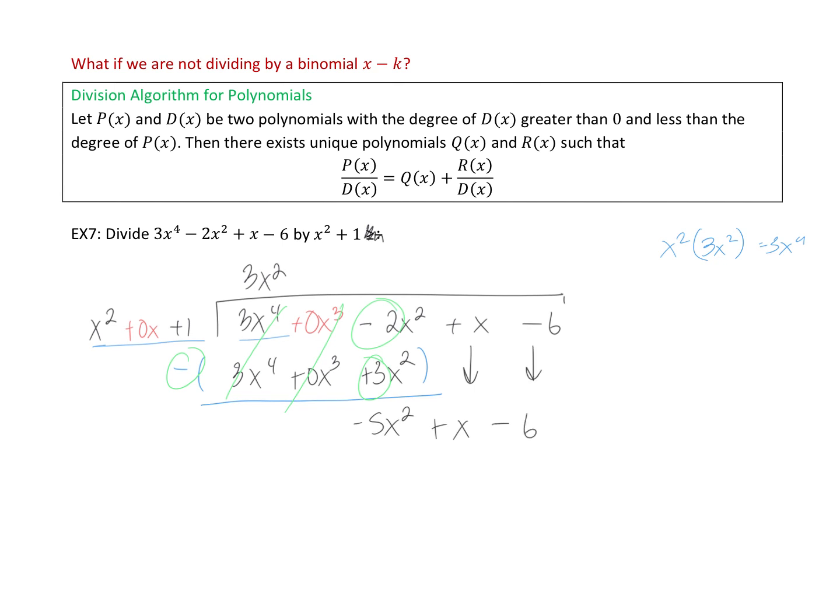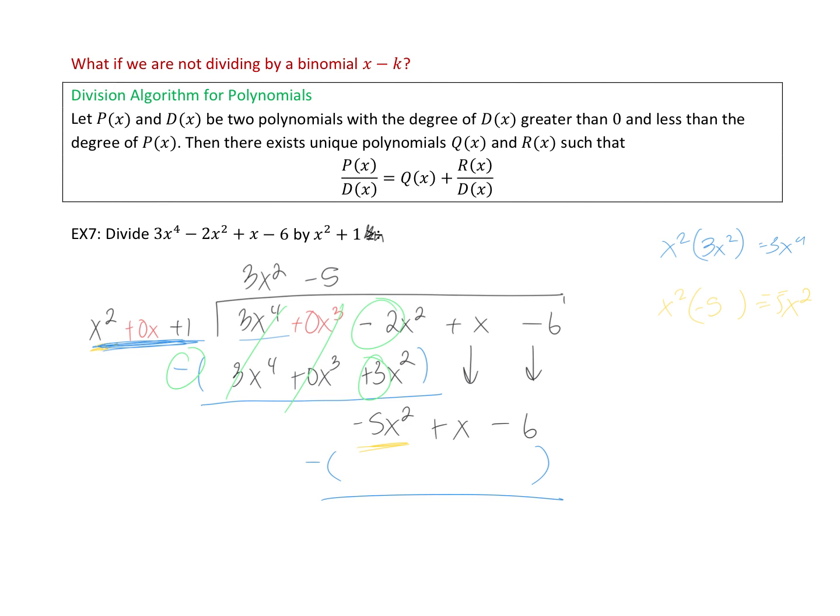And again, now we're on the next cycle. So finish the first cycle, on to the next one. Now let's see, what do we multiply x squared by to get a negative 5x squared? Well, we need a negative 5, and that's all we'll need. So negative 5. And then we start multiplying that negative 5 out to that whole trinomial.